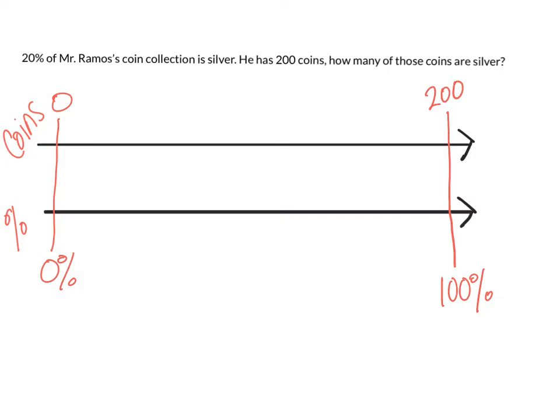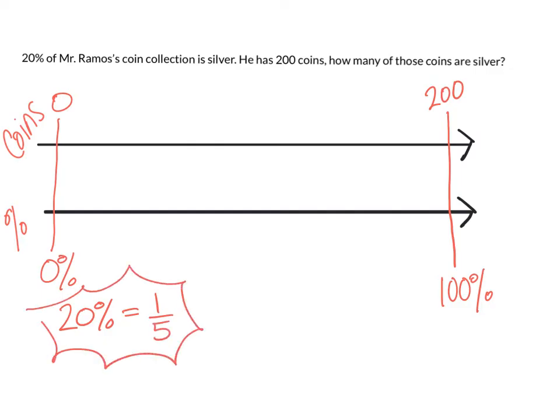Similar to how we approached the problem yesterday, we want to think of what fraction is 20% equal to. Now, one of the numbers we saw a lot yesterday was 20% is equal to 1/5. This might be a fact you might want to have mastered. One of these percents is going to pop up a lot, and knowing the fraction percent conversion will be very handy.